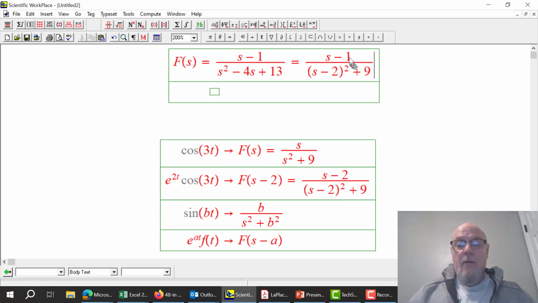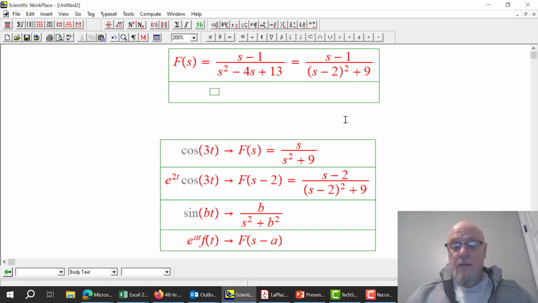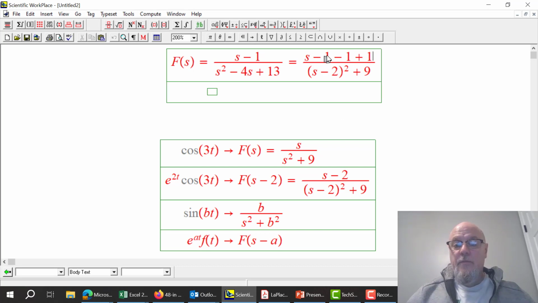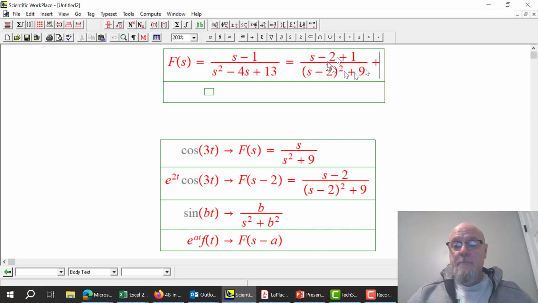Oh, I wish this was a minus 2. So what I'm going to have to do to make it a minus 2 is go minus 1 plus 1, so that this minus 1 and this minus 1 can combine to give a plus 2. And I'm going to move this plus sign to here, and I'm breaking it up on that plus sign.